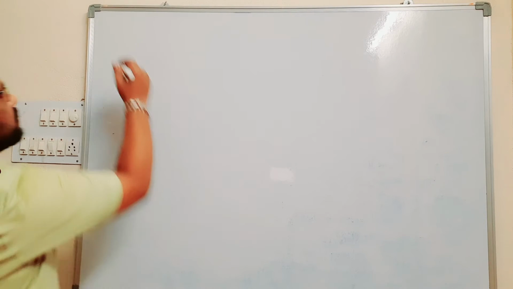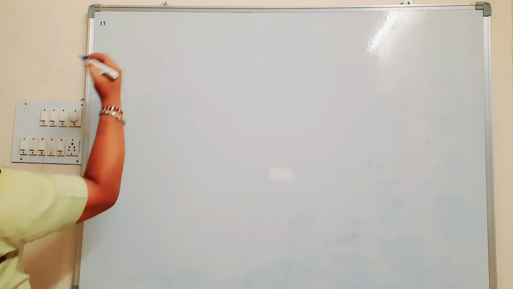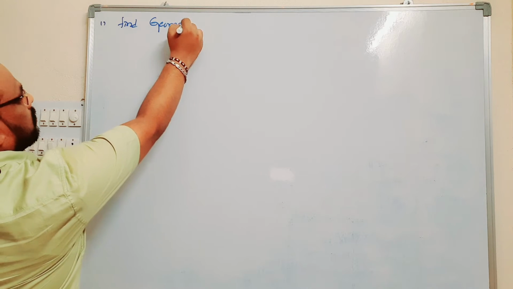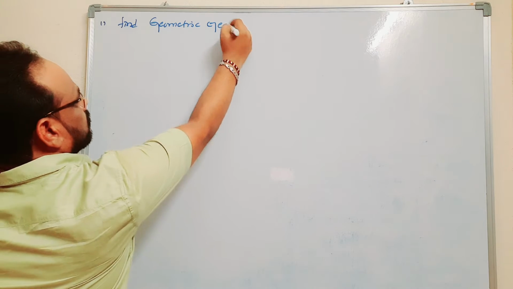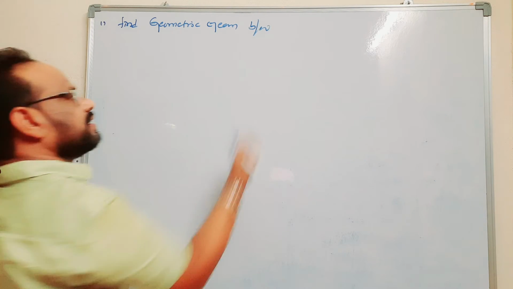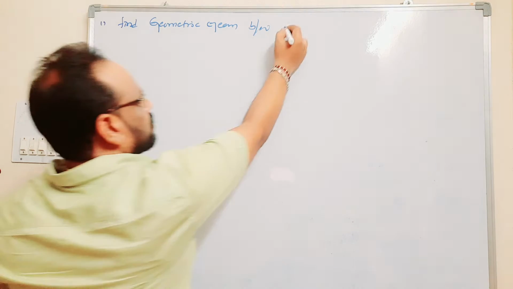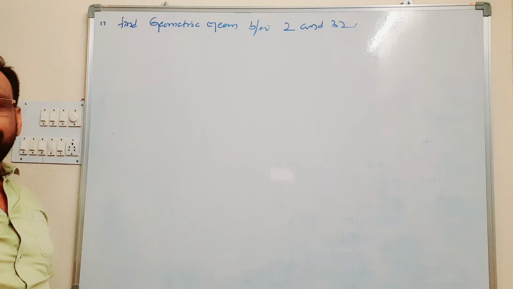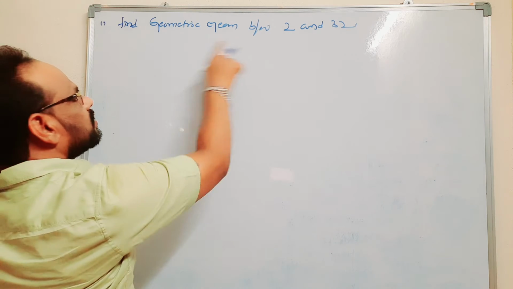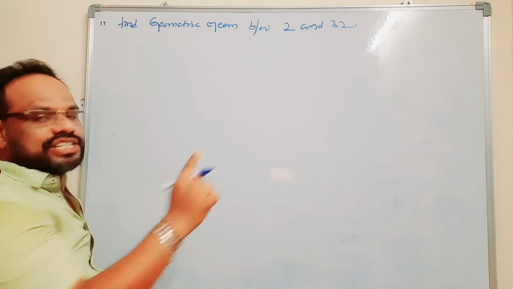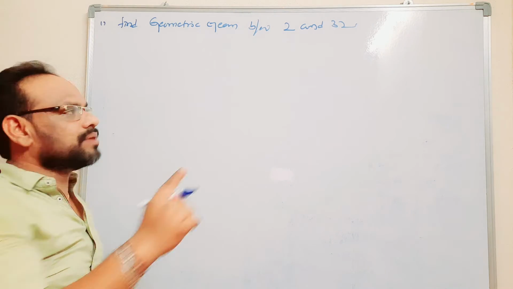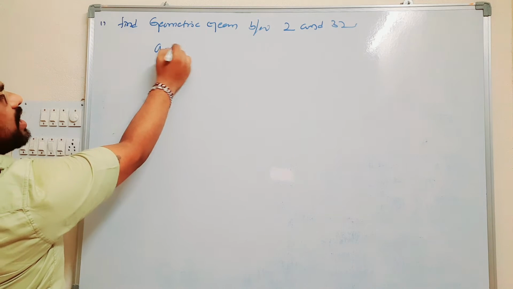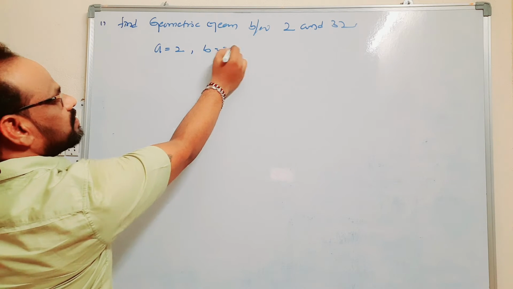Observe one example. Find the geometric mean between 2 and 32. That means we want to find the single geometric mean between the two given quantities, where a is equal to 2 and b is equal to 32.